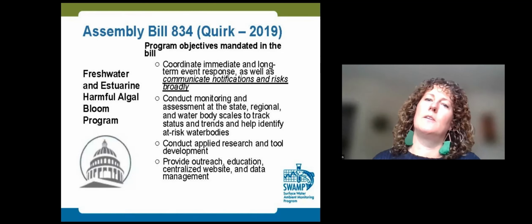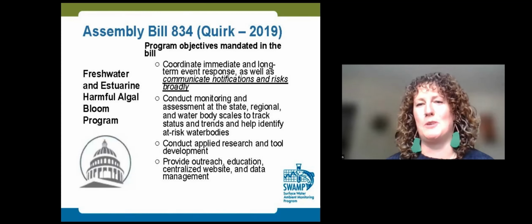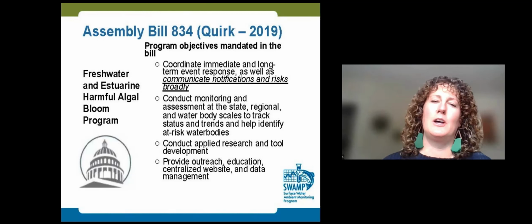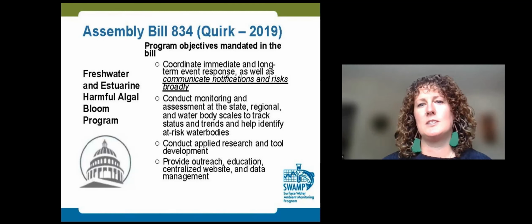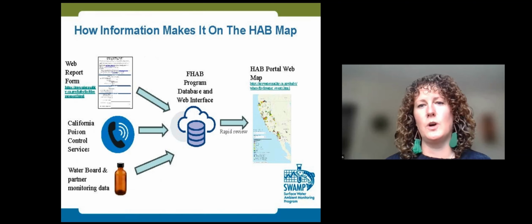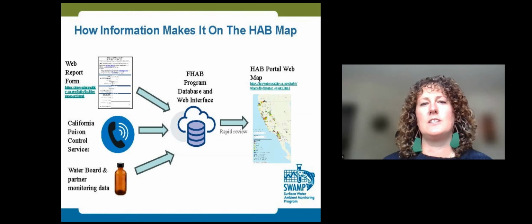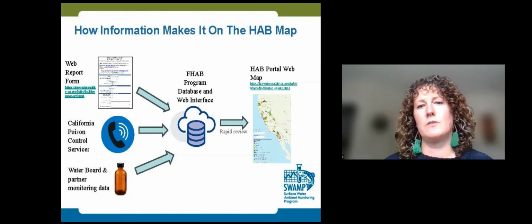So how do we do that? With the help of our data scientists in OEMA, including Michelle, who just spoke, we're a small but mighty team, we developed a map to share recreational advisories to the public. We receive reports of HABs through an online report form through our portal, often from the public and local agencies. We also receive reports through the California Poison Control Services.